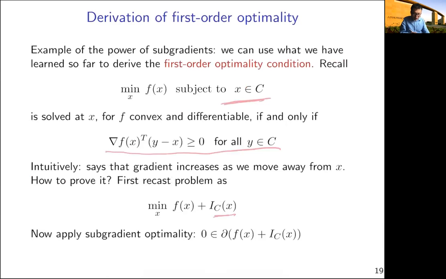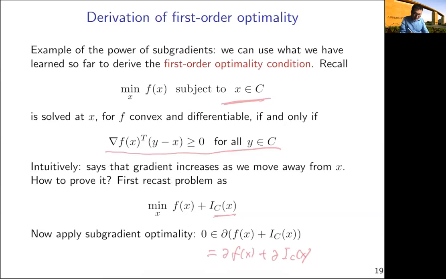So first of all, 0 is inside here, and what does it say? Notice that f is differentiable and unconstrained, and there is an interior point inside the convex set C that allows us to apply the additive rule of the subdifferential. So this is equal to the subdifferential of f at x plus the partial of I_C at x.